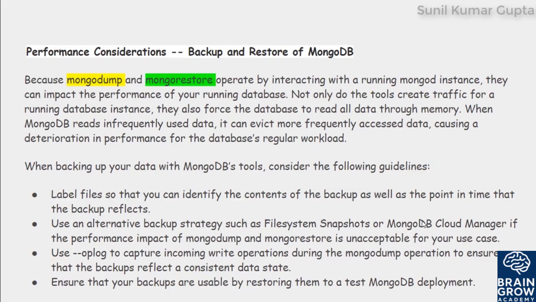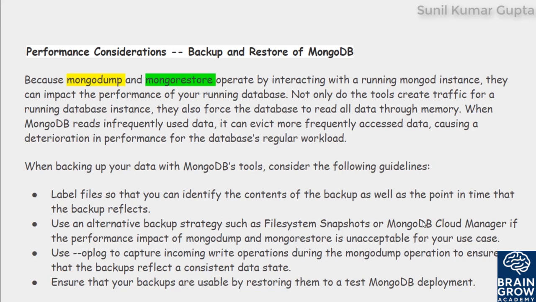When backing up your data with MongoDB tools, consider the following guidelines, and these guidelines are directly from the MongoDB website. The first one is to label files so that you can identify the content of the backup as well as the point in time that the backup reflects.